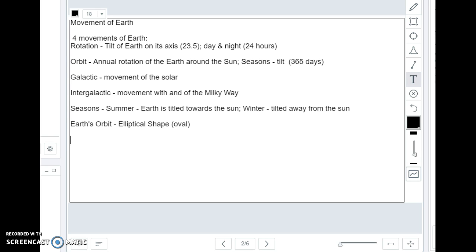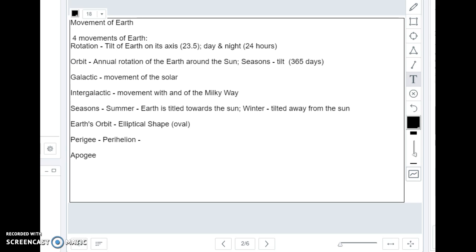All right. Two vocabulary terms that are discussed within the lesson are perigee and apogee. When we're talking about perigee, we're talking about the part of Earth that is closest to the sun, or the perihelion. Helion means relating to the sun.